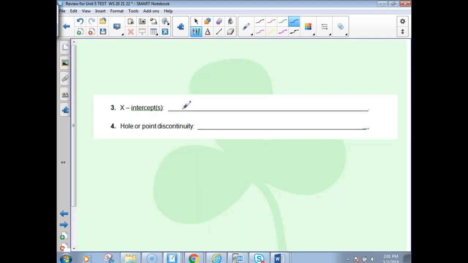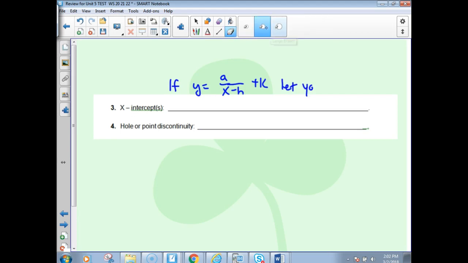Number 3, the x-intercepts. There's two things you could say about that. If it's in y equals a over x minus h plus k form, then let y equal 0. Both of them you can do this.